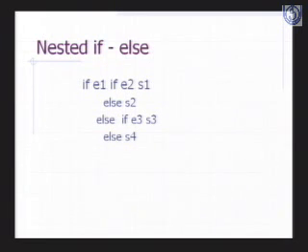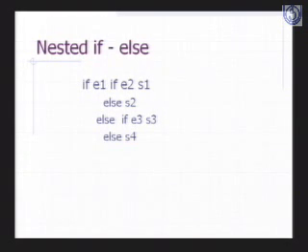To fulfill such a requirement in programming, we have if expression 1, if expression 2, then statement 1, else statement 2, else if expression 3, statement 3. So in this way we can have as many nested ifs as we want in the nested if statement.